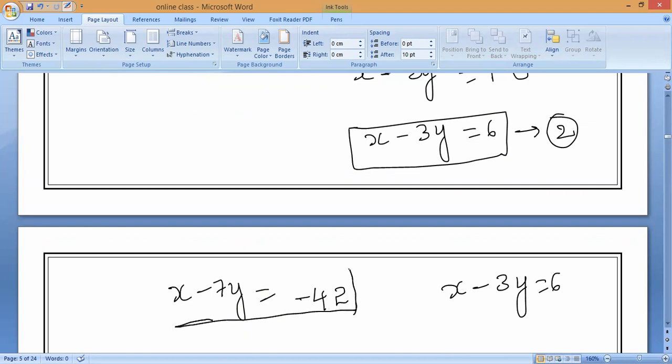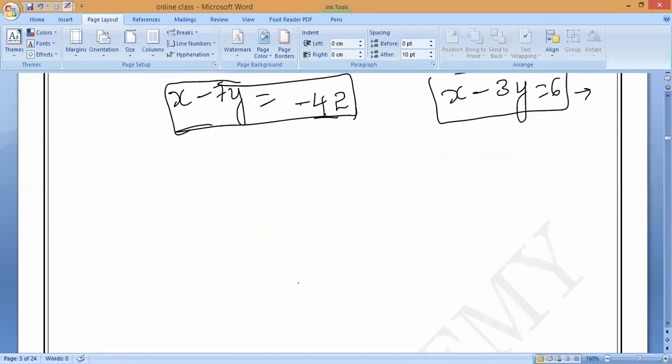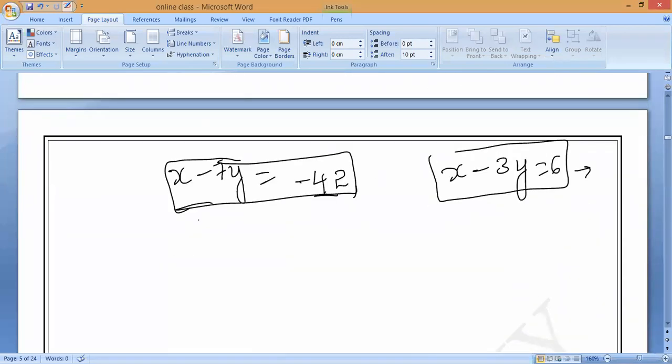This is the algebraic representation: x minus 7y equal to minus 42, x minus 3y equal to 6. Do you understand? Now, if you solve these two equations, you will get the father's age and daughter's age.